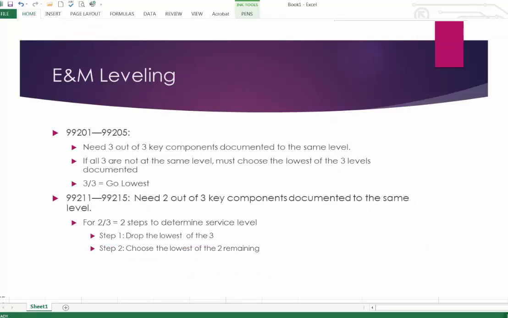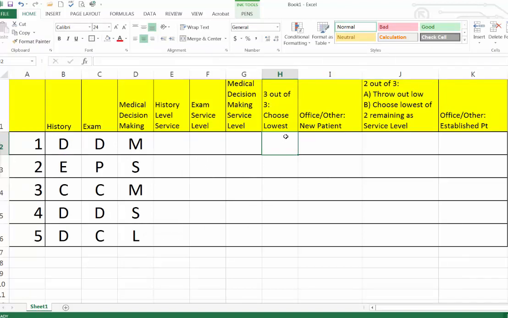So now the rule is, if you need 3 out of 3 key components, we must choose the lowest service level of our bullets. So for example, let us say that we have a detailed history, a detailed exam, and let's say though that there's moderate complexity of decision making.